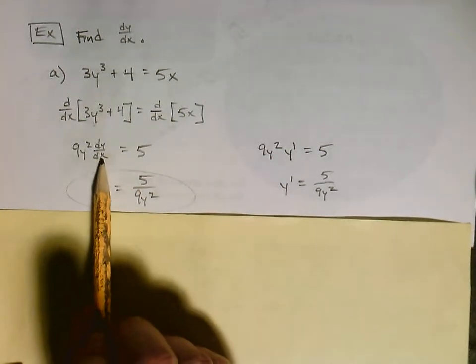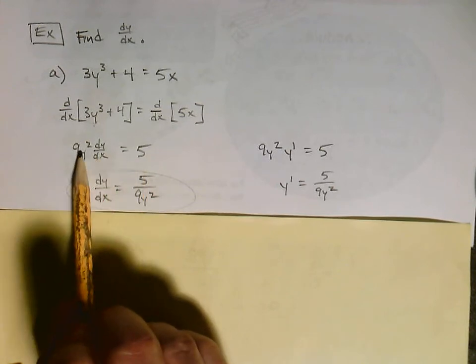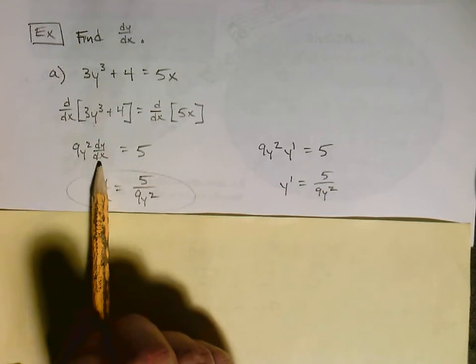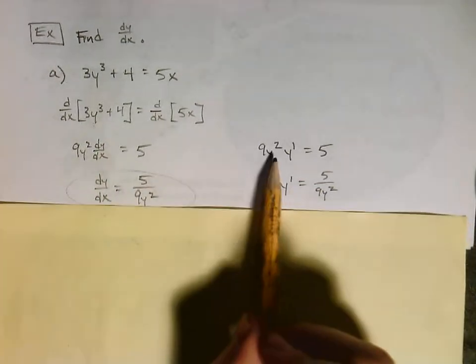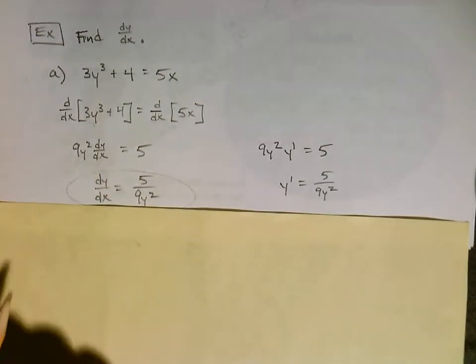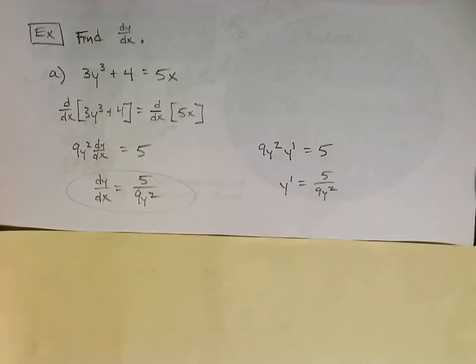Also, the dy over dx really stands out in that equation. 9y squared dy over dx looks so much different than anything else. It's hard to miss, where y prime looks so much like y to the first that it sort of blends in, where this jumps off. Okay, anyway. So I like the dy over dx myself, and I recommend that to students, but there you go.